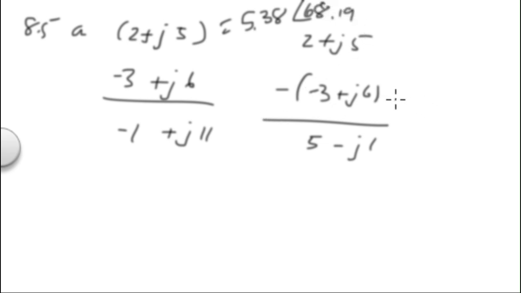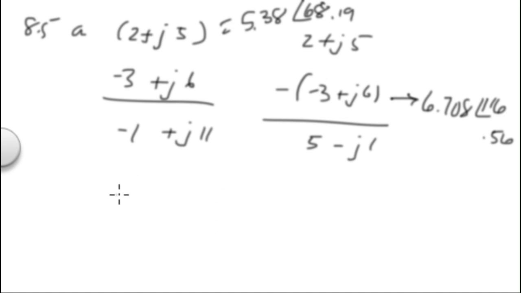And minus 3 plus j6 is 6.708 at an angle of 116.56.